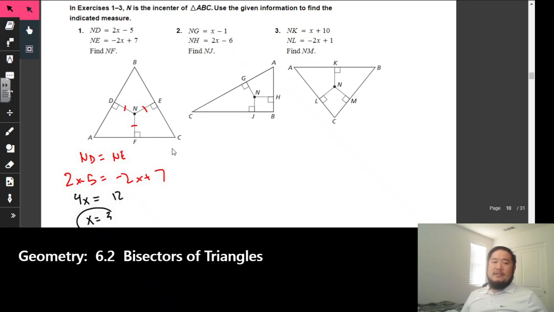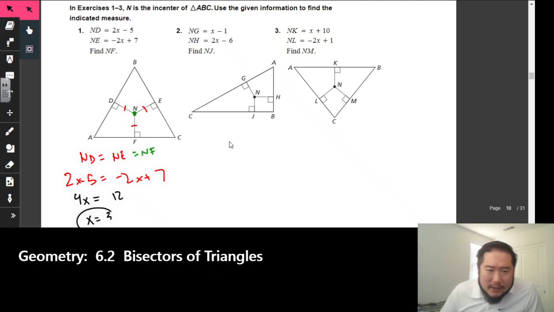I didn't find the answer, because what they said is let's find NF. But if you look up here, they don't mention anything about segment NF. Remember, it's okay, because ND, NE, and also right here, NF, they're all equal because N is the incenter.